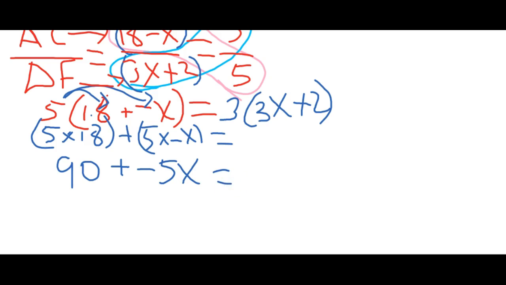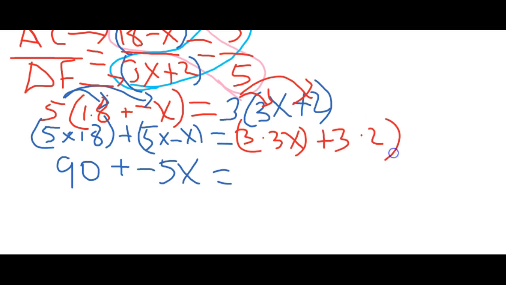We come to this side and distribute the same thing. So this is 3 times 3X plus 3 times 2. So 3 times 3X is 9X plus 3 times 2 is 6.